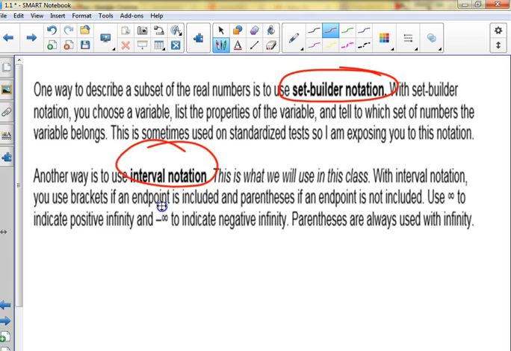With interval notation, you use brackets if something is included and parentheses if it's not included. Do you remember that? And you use infinity to represent infinitely big numbers and negative infinity to represent infinitely negative numbers. You always use parentheses with infinity because it doesn't include infinity, it just goes on.